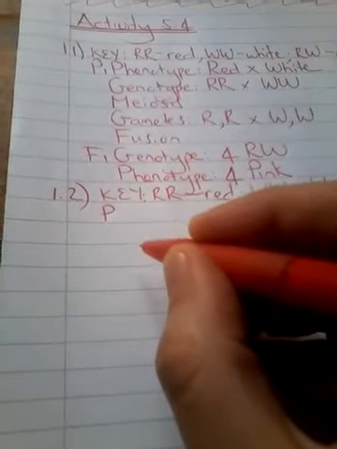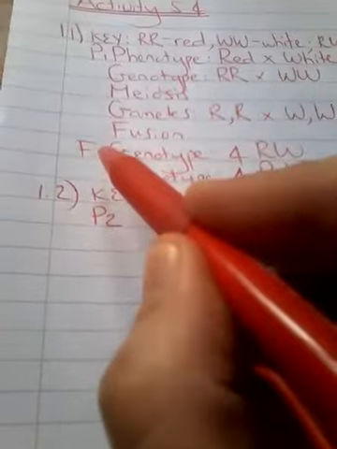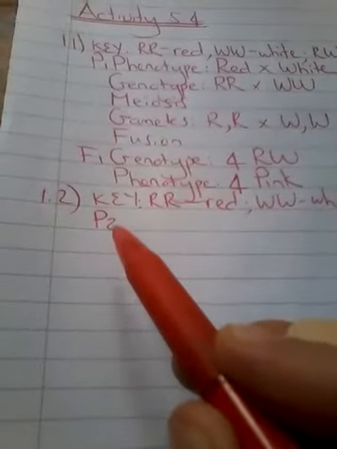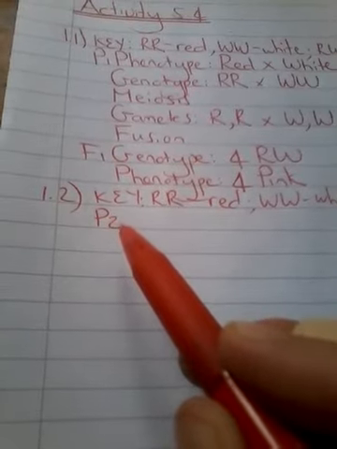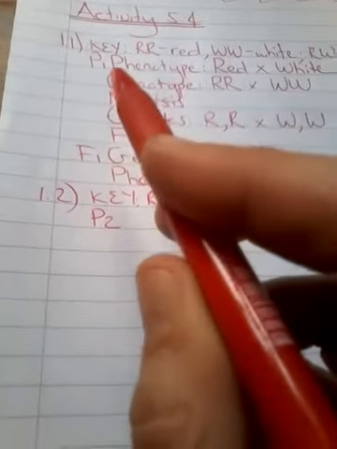Okay, now instead of writing P1, we are now doing P2, because it is now the first filial generation that we are crossbreeding. They now become the second parent generation. Okay, so it's P2 rather than P1.